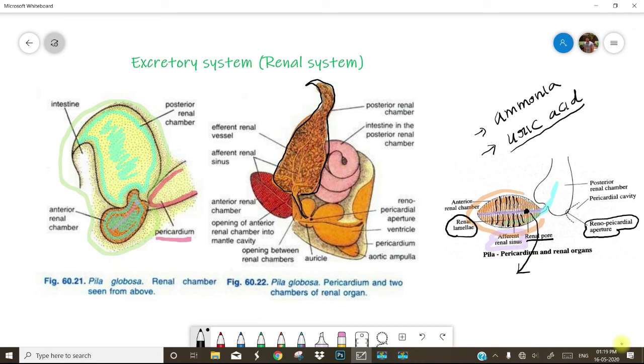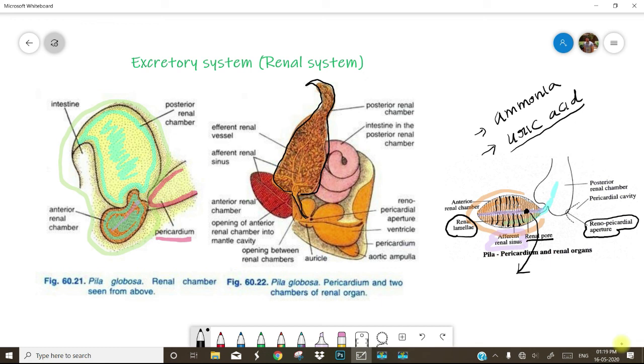And apart from the renal organ or kidney, the hepatopancreas also performs a minor role in excretion, because the hepatopancreas has some specialized cells which can absorb and store waste products.